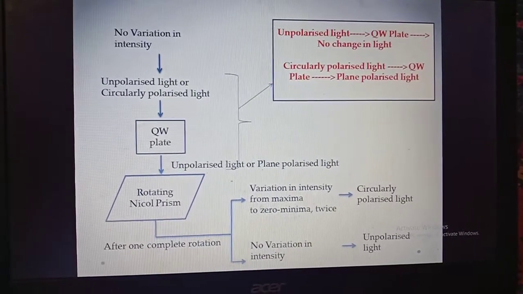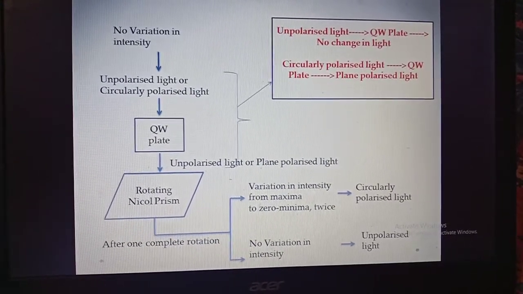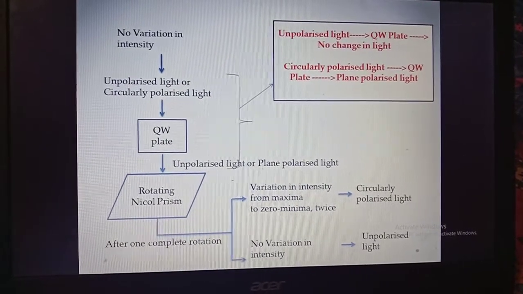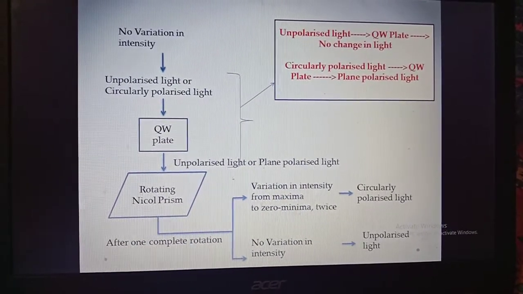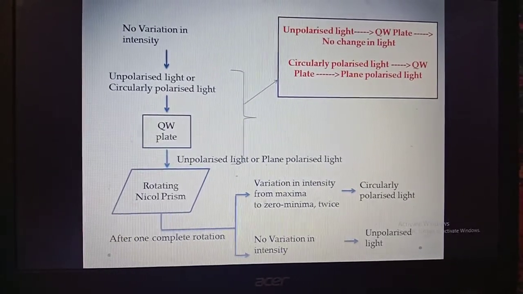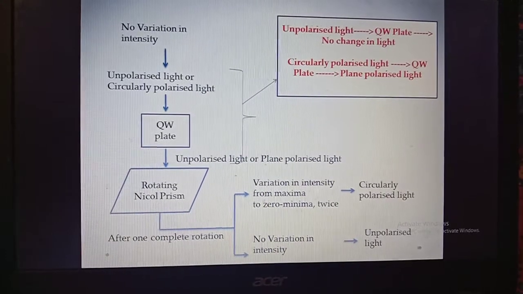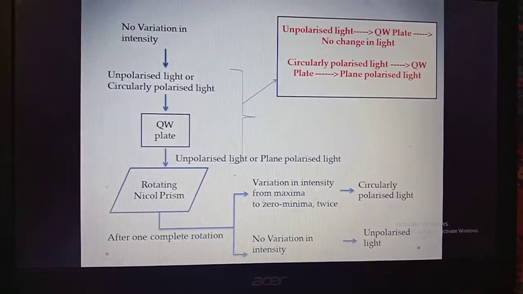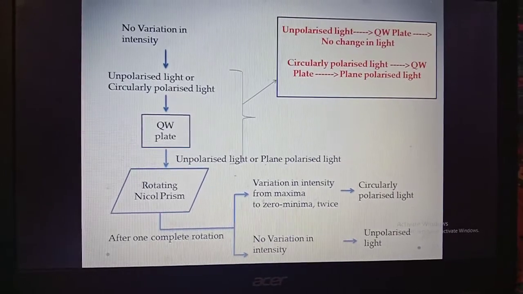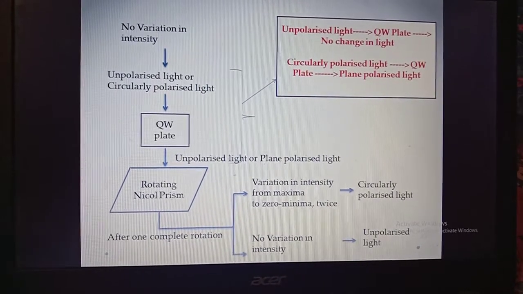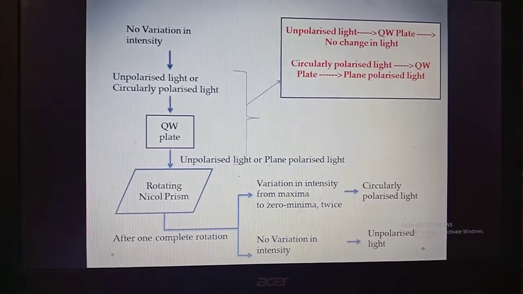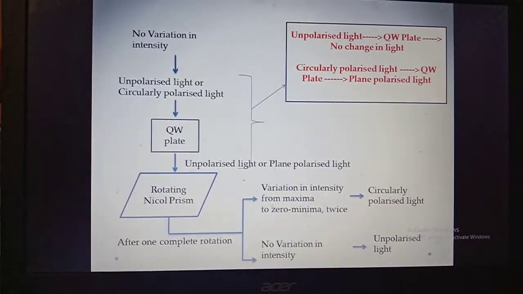So for this result, the incident light or unknown light will be circularly polarized light. If we get the second result, that means no variation in intensity, for this result unpolarized light must be incident on a rotating Nicol prism. So if we get the result no variation in intensity, that means the incident light will be unpolarized light.